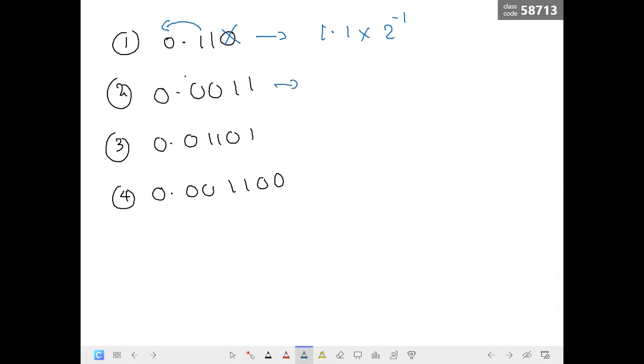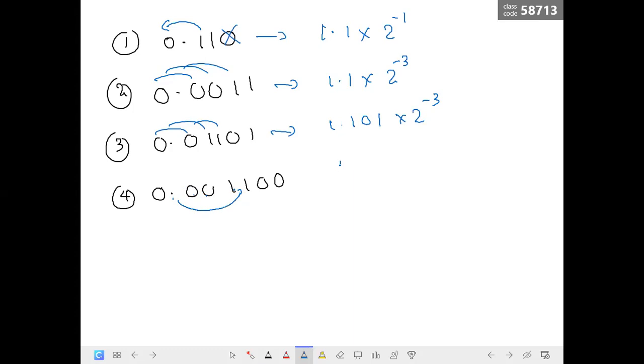Here we have to move 1, 2, 3. 1.1 times 2 to the power minus 3. Here we have to move 1, 2, 3. 1.101 times 2 to the power minus 3. In here we have to move this decimal point, right? 1, 2, 3.